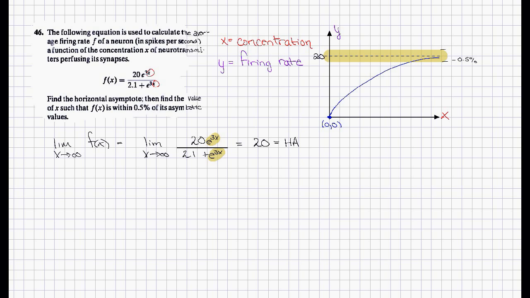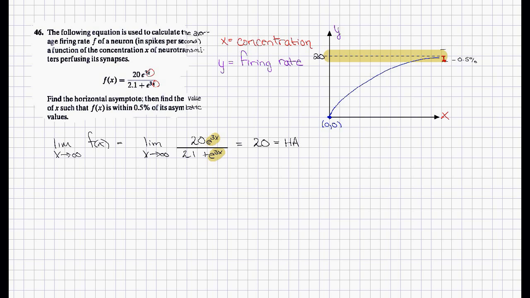Which means that the part that I'm interested in is here. I'm interested in when my function is going to be between 20 and 0.5% below 20. So 0.5% of 20 below 20.